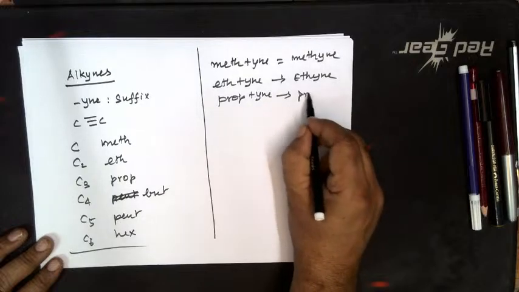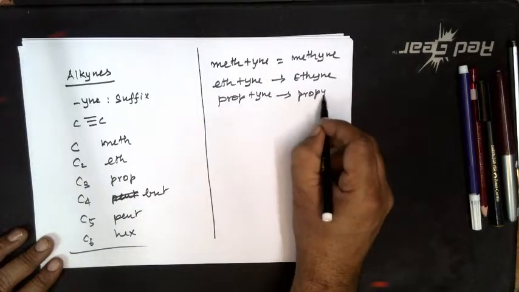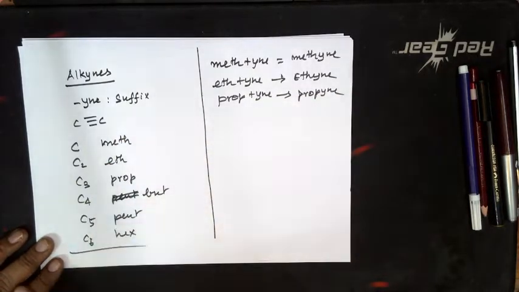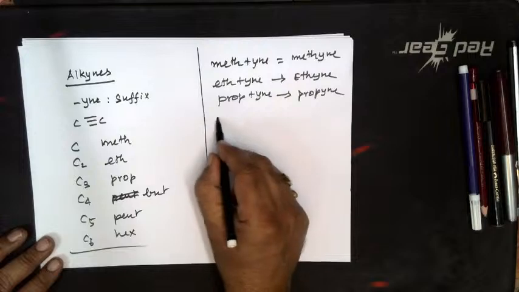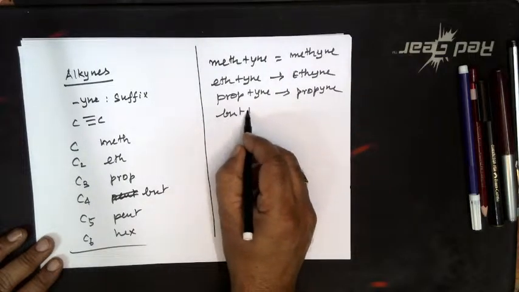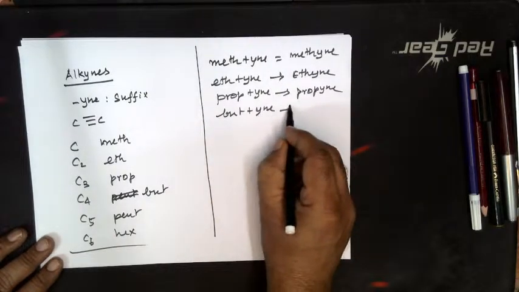I hope now you can easily write these down. YNE, not YANE. So always be very careful about the spelling. Then but plus YNE, butyne.